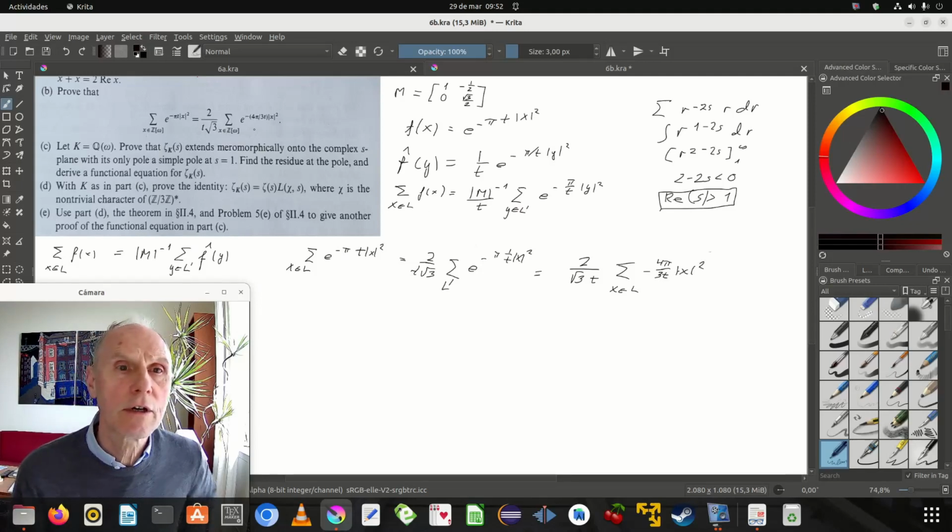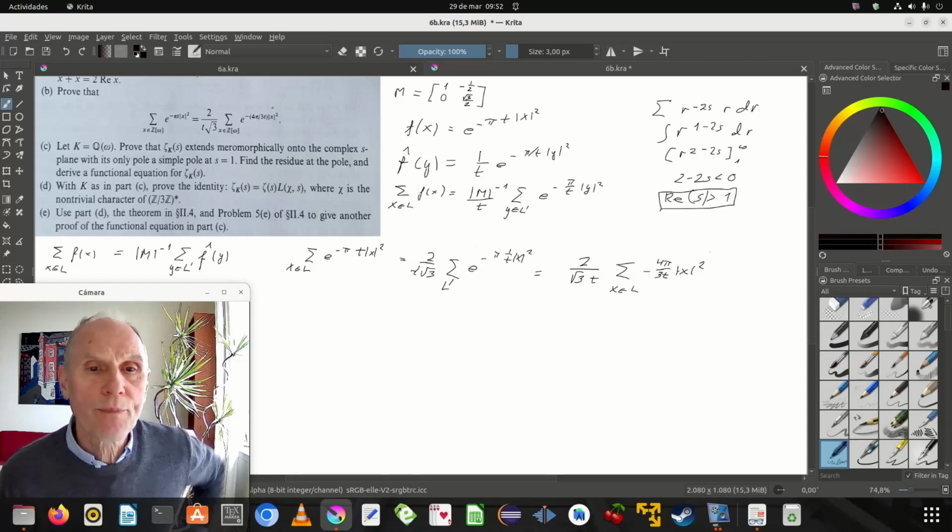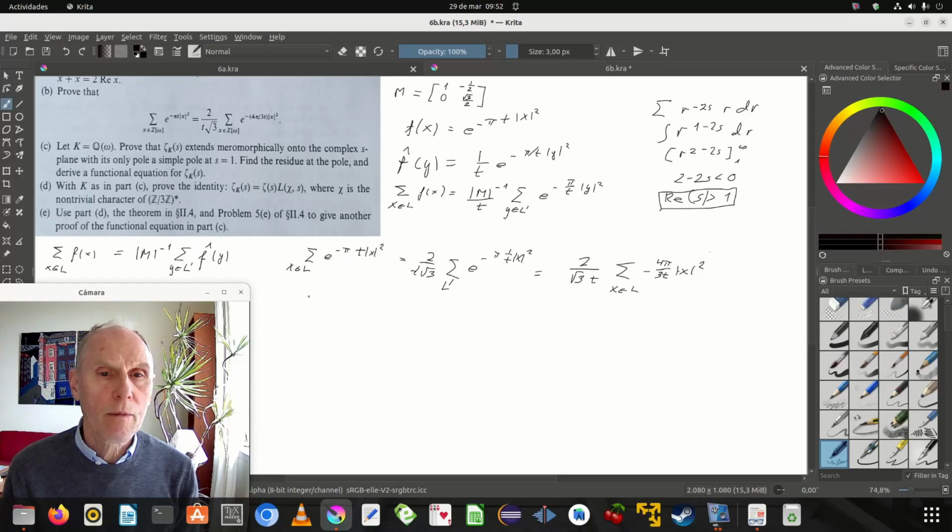So let's compare. That was exactly what we should prove. So let's call this theta of t. Null lies in the lattice, so that means that as t tends to infinity, this function has fast decrease.